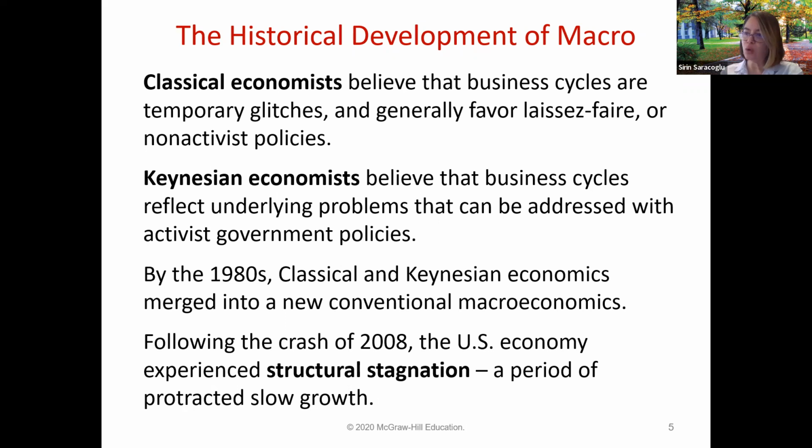We cannot think of a macroeconomy without the optimizing behavior of these individual economic actors. So over time, all of these different schools of thought or different perspectives converge to each other to tell a more holistic story.